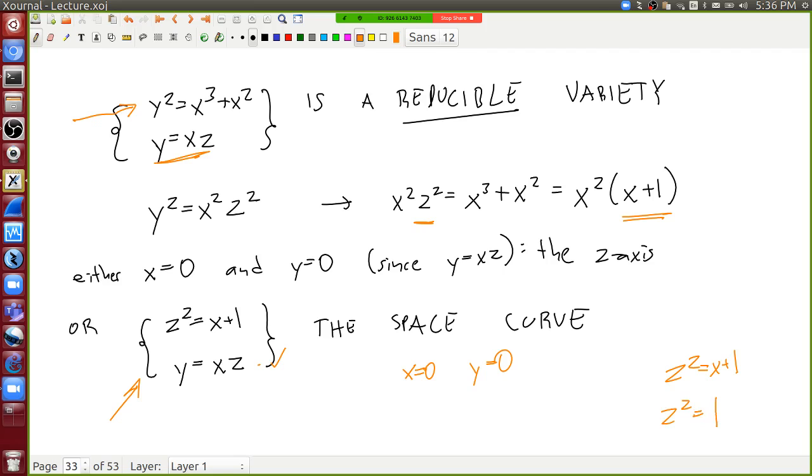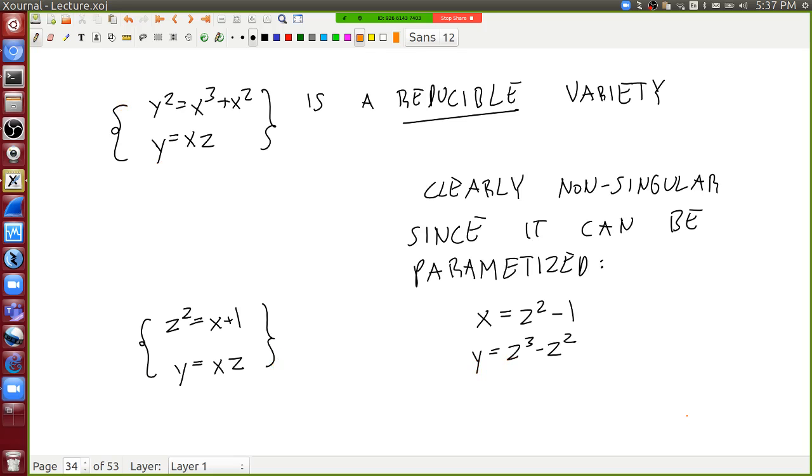So this is a space curve that when you project it down onto the xy plane, it gives us our original curve, but it's got like an extra point, if you will. When it loops around, there are actually two points lying above the origin, one at z equals 1 and one at z equals -1.